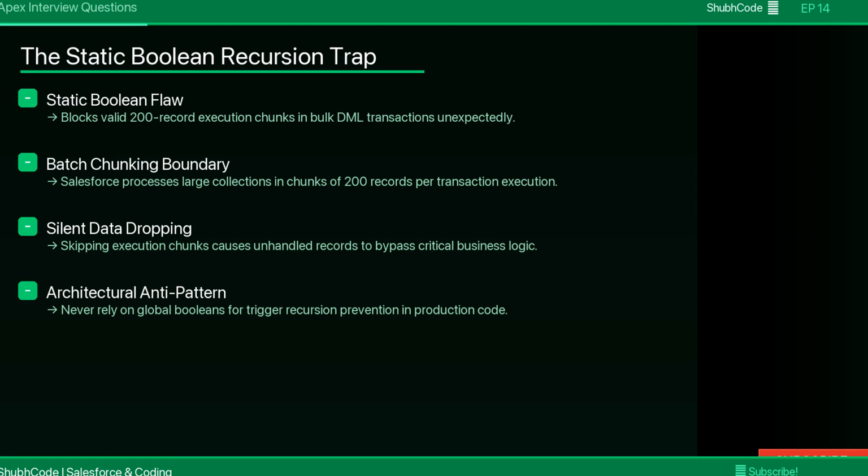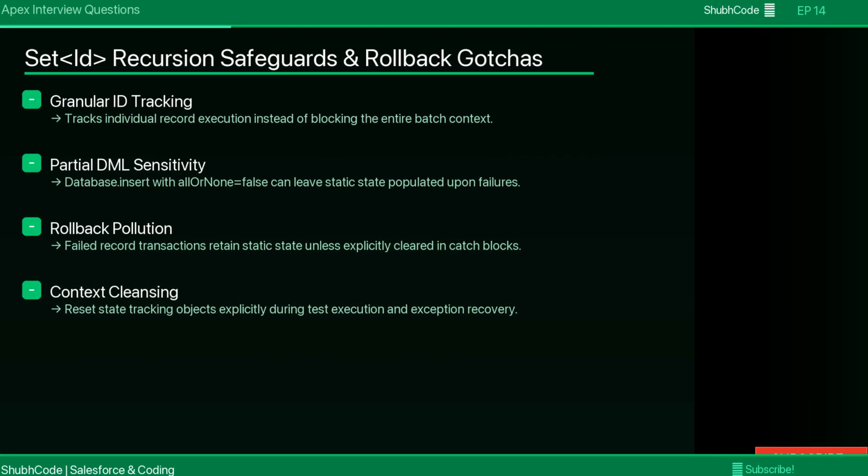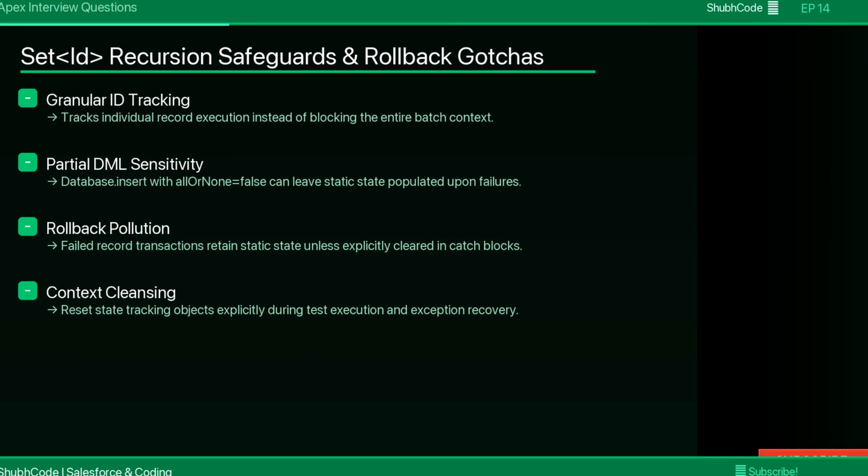A far better pattern is maintaining a set of processed record IDs or utilizing a dynamic bypass framework to govern execution context safely. To avoid locking out bulk chunks, tracking processed record IDs inside a static set of IDs is a significantly safer strategy.